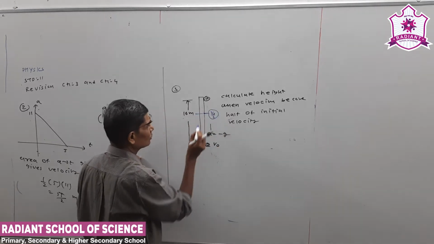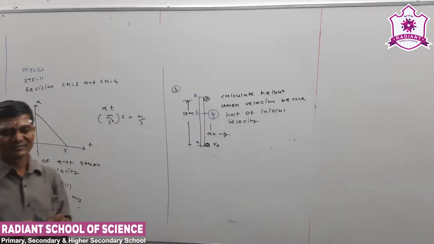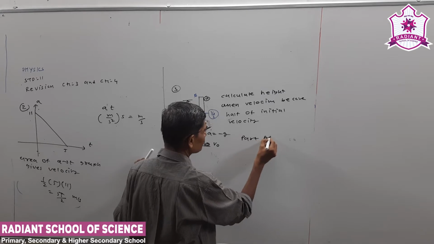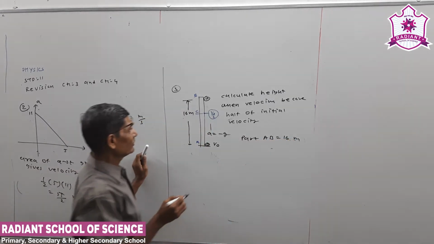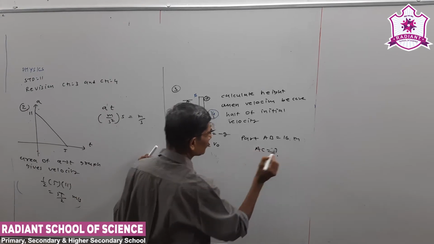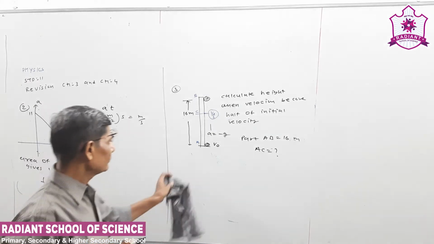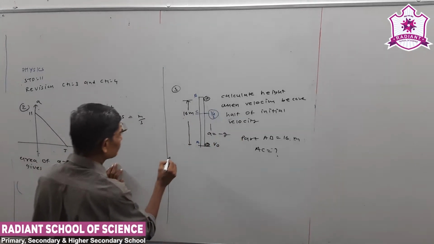Now, for simplicity, I divide the question into two parts. Let us say the first is part AB, that is given to us as 16 meters. We have to find out AC, that is the height when the velocity becomes half of the initial velocity. Now see, we first consider the AB part.